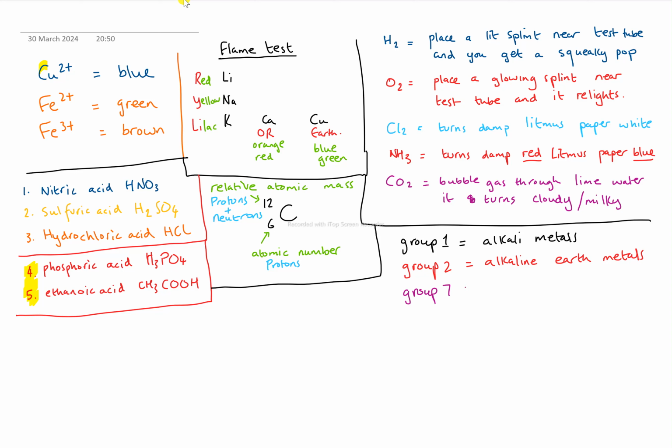Group 7 halogens. And last but not least, group 8 or group 0. I like to call it group 8. Some people call it group 0. It's called noble gases.